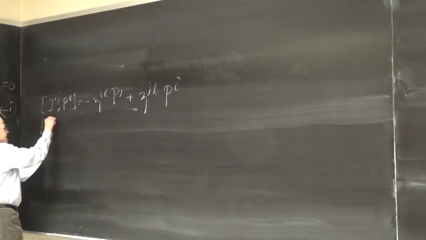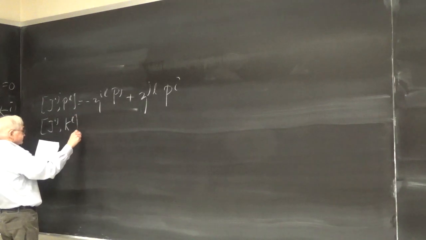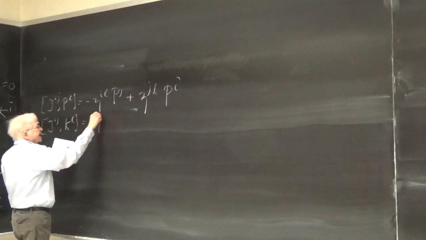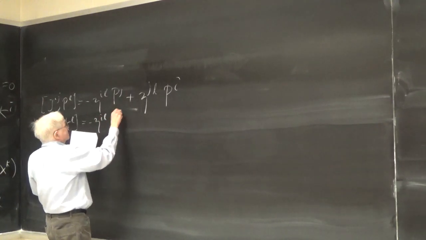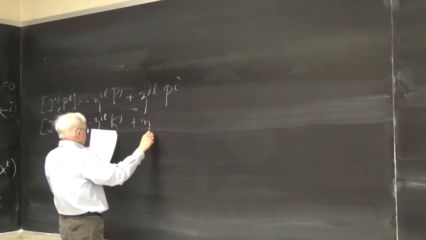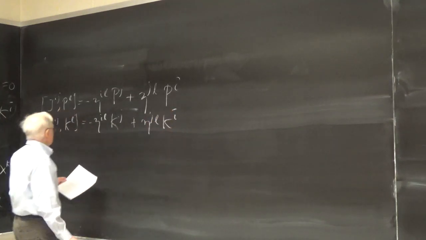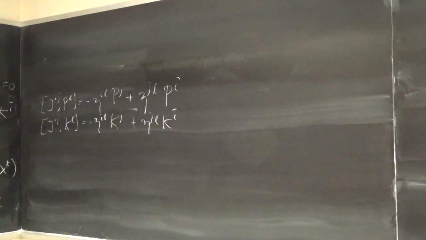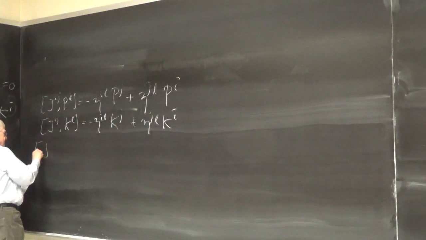Similarly, Jij with KL is minus eta IL KJ plus eta JL KI, and that's saying that the generator of conformal transformations is a 4-vector, also under Lorentz transformations.